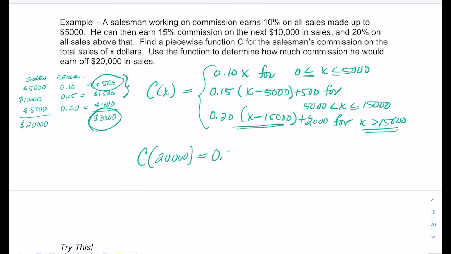So I'm going to have 0.20 times 20,000 minus 15,000 plus 2,000. And if you multiply all of that out and subtract and add, you get $3,000. So that's how much commission he would make off of $20,000 in sales.